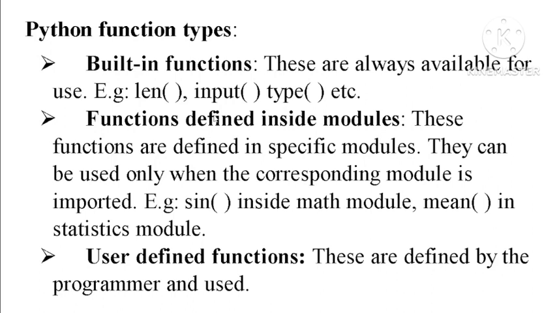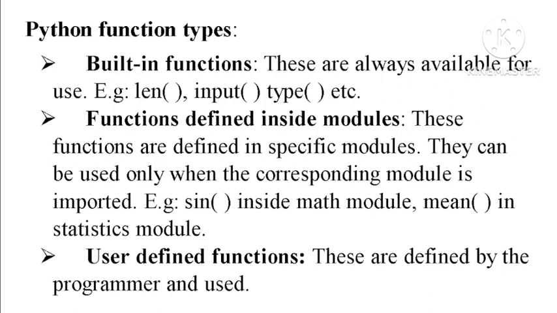The second kind of functions are the functions that are defined inside modules. For example, you have a random module. You can use that module and you have methods called randint, randrange, which can be used to generate random numbers. In this process, you have to import the module first and then use the method inside the module.